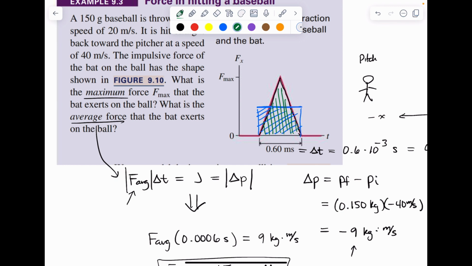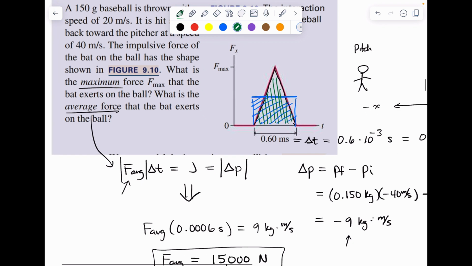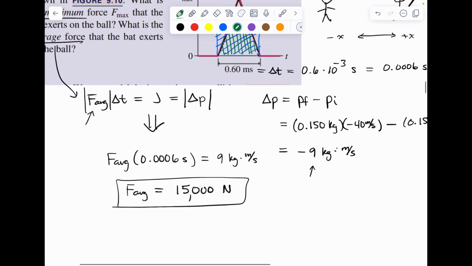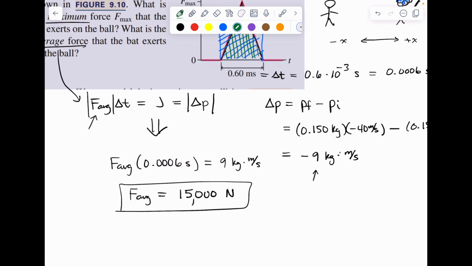Because the actual impulse is the amount of force times the amount of time. Well, if the force is changing, it's going to be different at different times, so you can think of it as adding up a bunch of really small impulses to get that green area. But the blue rectangle and the green triangle should have the same area.